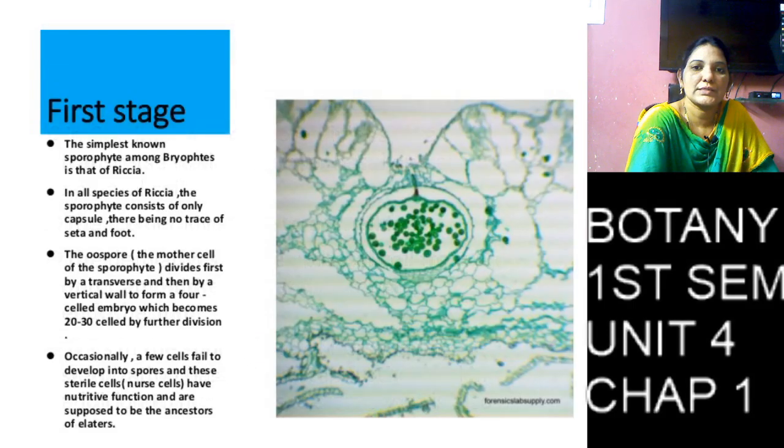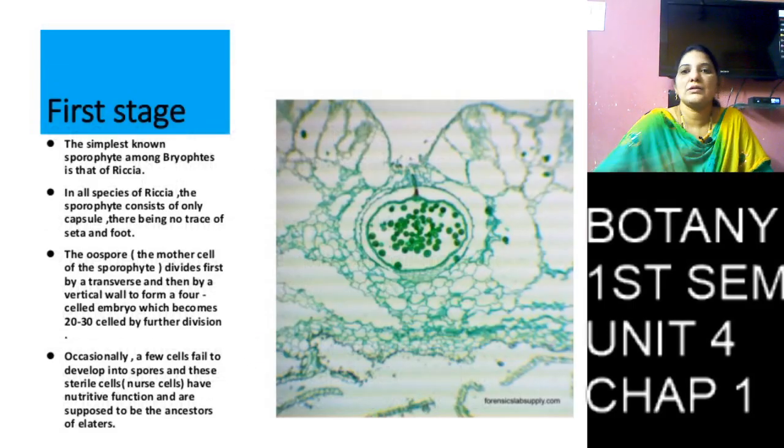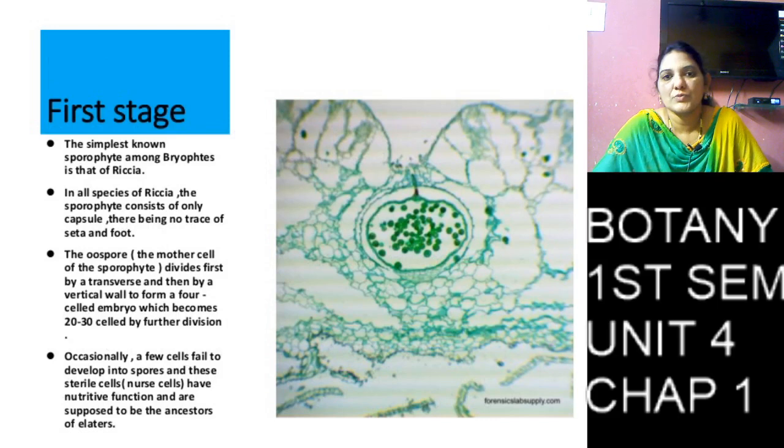So we can see Riccia. Here the total sporophyte characters are reduced, only a single capsule present here.